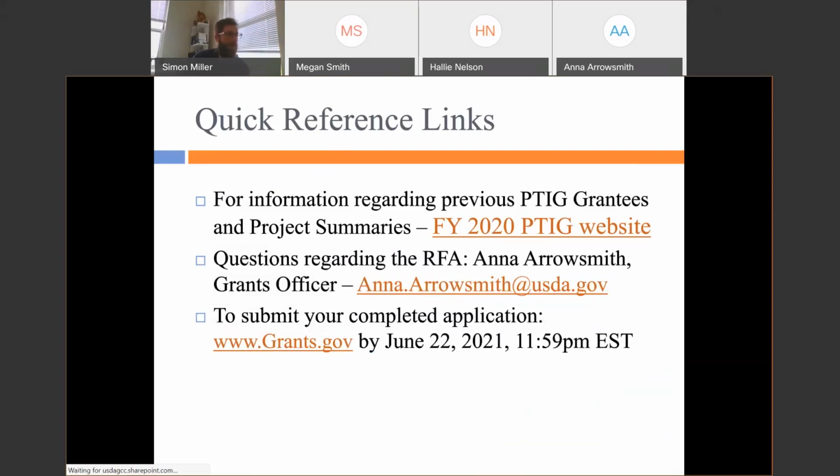For any questions regarding the RFA, those should be directed to Anna, the grants officer. And again, to submit your completed application, you'll do it through grants.gov by June 22nd. But just remember all of the information that Anna gave you on the DUNS and SAM. So there's a lot of pre-work to be done before you can actually get to that submission stage.